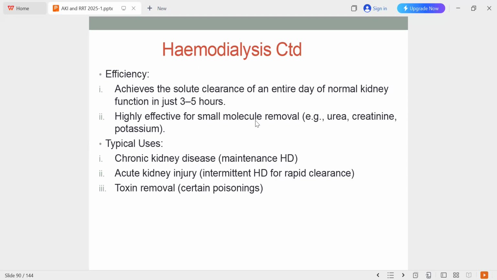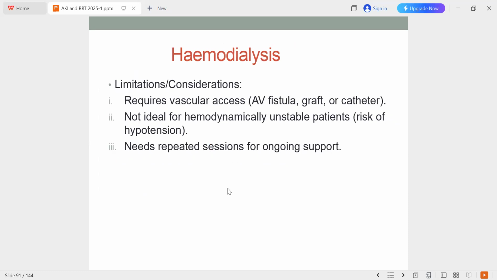Typically, hemodialysis is used in patients with chronic kidney disease as maintenance dialysis, and in patients with acute kidney injury, as intermittent hemodialysis. This is where we come in, especially in the ICU setting. Certain poisons can also be removed by dialysis.